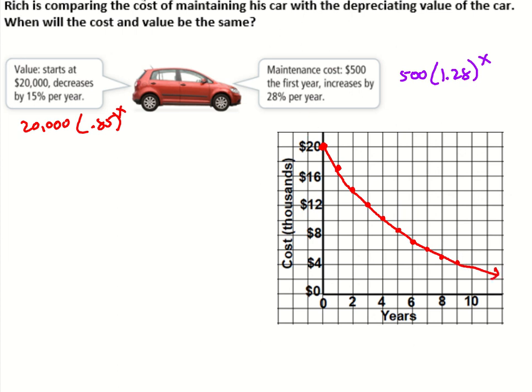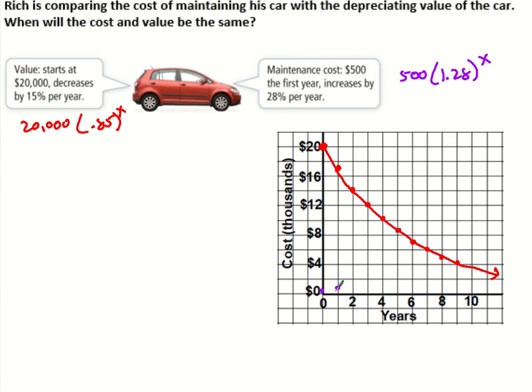Now we want to figure out the function, the graph, for how much it costs to just maintain the car. So the maintenance starts off very, very low. It's only $500. But then we take that 500 and start multiplying it by 1.28. After the first year, it's going to be 640, so we're still not very much money.